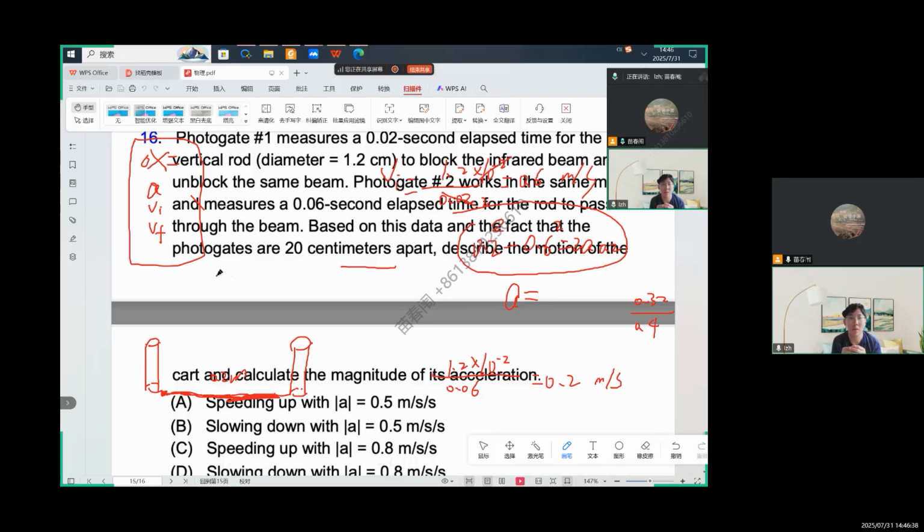Well, v final squared equals v initial squared plus 2a delta x. Or sometimes we write it like this. Actually, I'm more familiar with this. This one works with vectors, so you just substitute everything. Which one is the final velocity, 0.2 or 0.6?